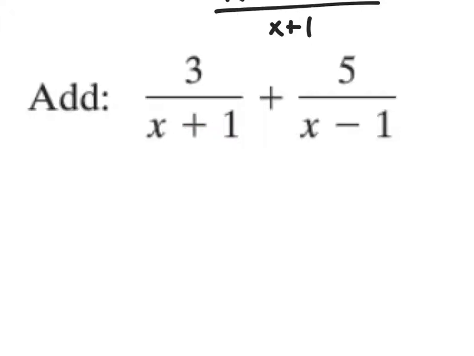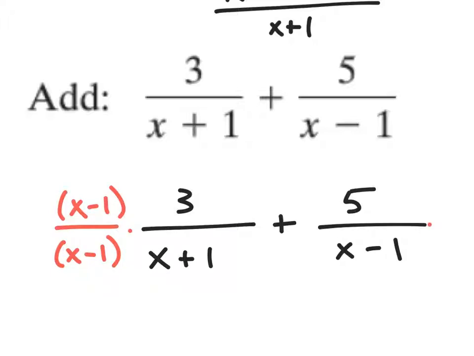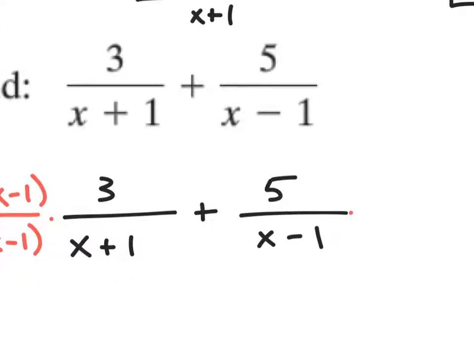So what I would want to do in this case, because they're both completely different, is rewrite this down here so I've got a little bit of room: 3 over x plus 1 plus 5 over x minus 1. Now, I'm going to multiply this entire fraction over here by x minus 1, in my numerator and my denominator. Now, I'm going to do the same thing on the right side, but I'm going to multiply it by the opposite denominator.